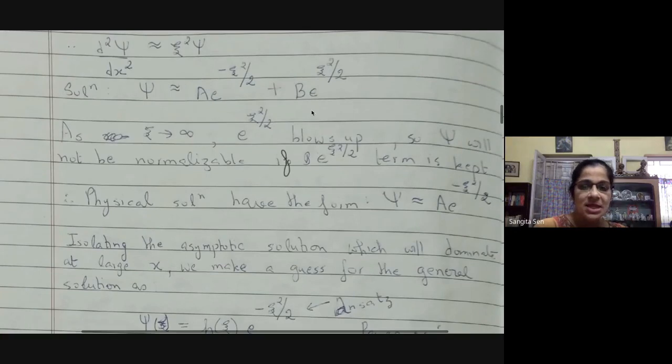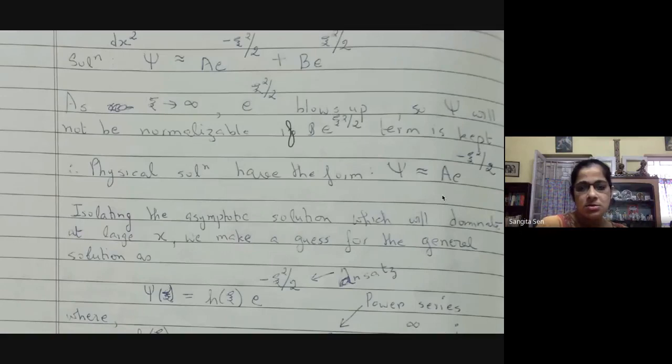So we must discard this second term, because it blows up. This cannot be part of any physical solution. So the solution will have this form, at least in the large x or large xi region. This is the asymptotic solution. My actual solution should sort of move towards this limiting solution.